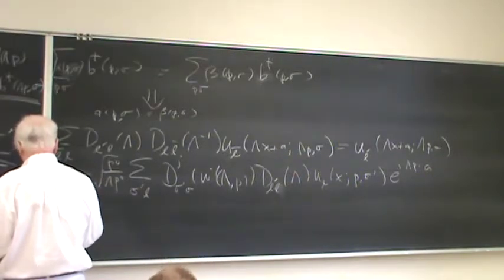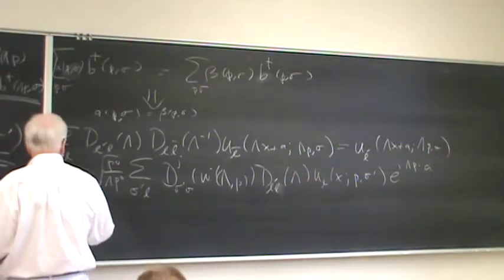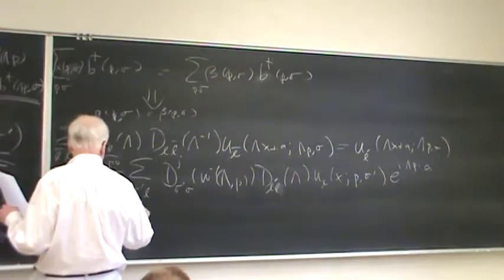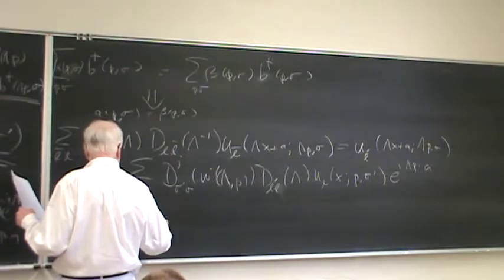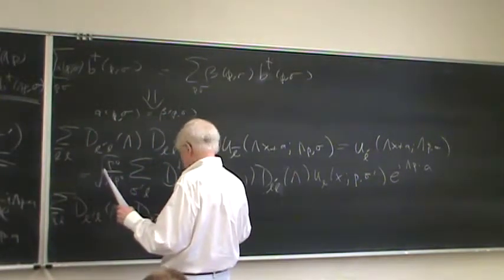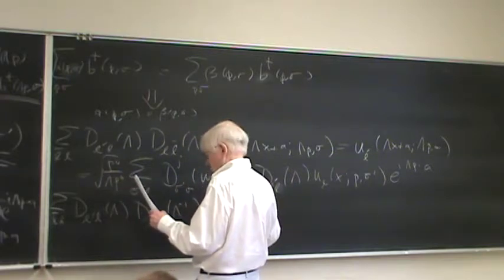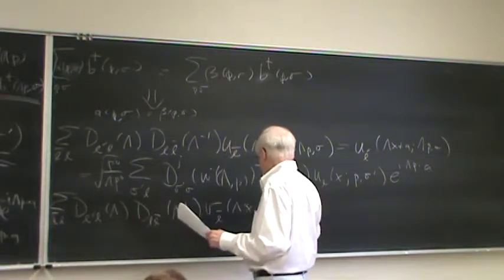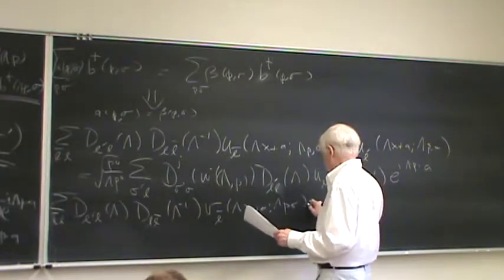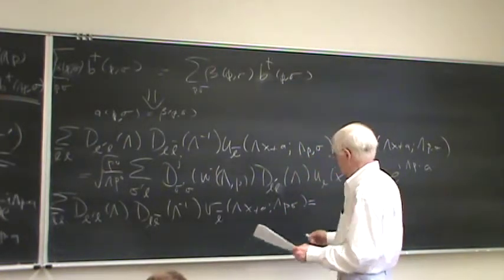So now this is sum over l bar l, d_{l'l}(λ) d_{l\bar{l}}(λ)^{-1} v_{\bar{l}}(λ(x+a); λp, σ), and that is going to once again give us a Kronecker delta.